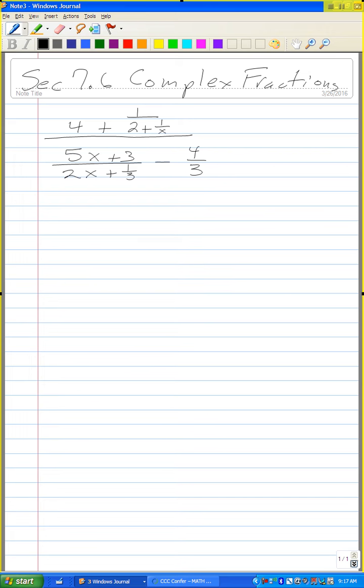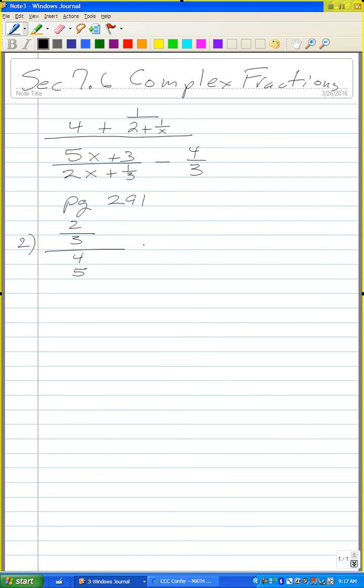And so let's do some examples, say from page 291. Let me do problem number 2. 2 thirds over 4 fifths.